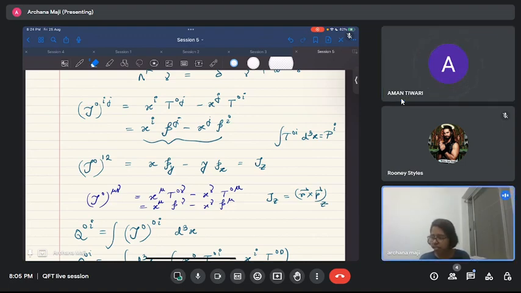It's there in the book by Peskin as well as David Tong's lecture notes. You can also look at the book by Ramond. Maybe there also you will get a good discussion.